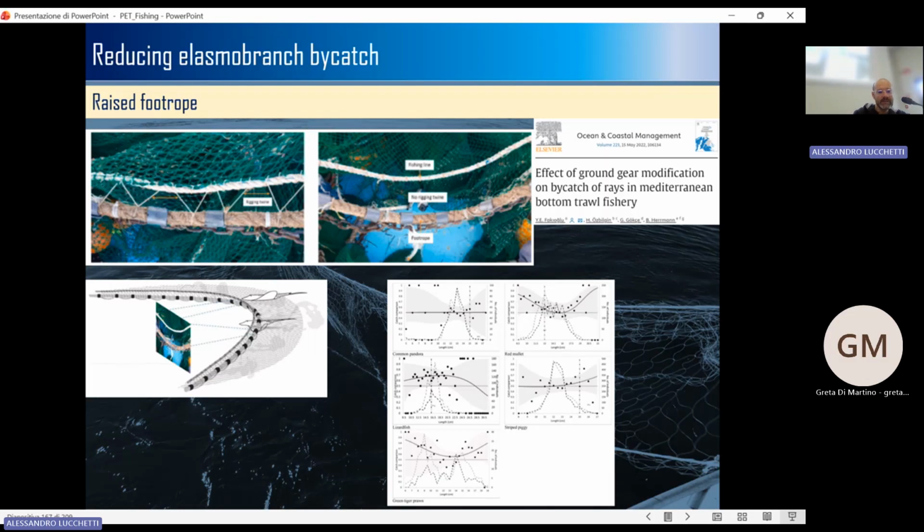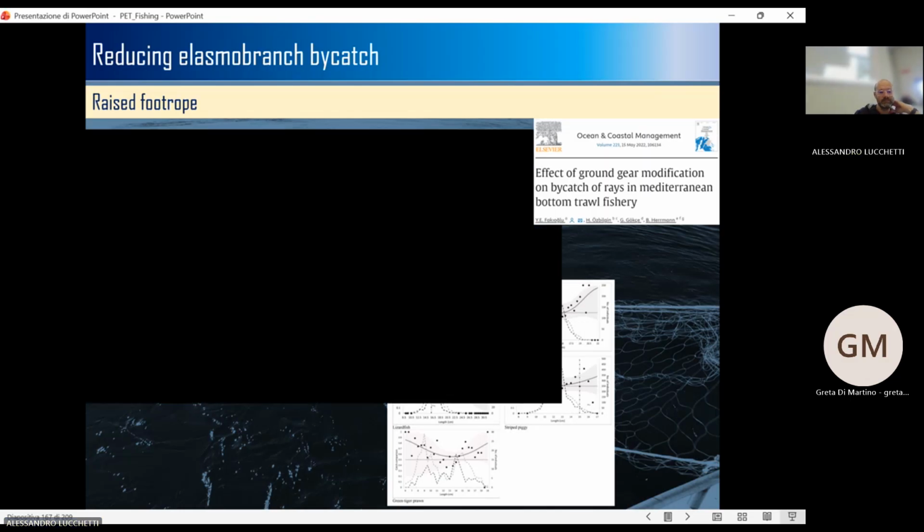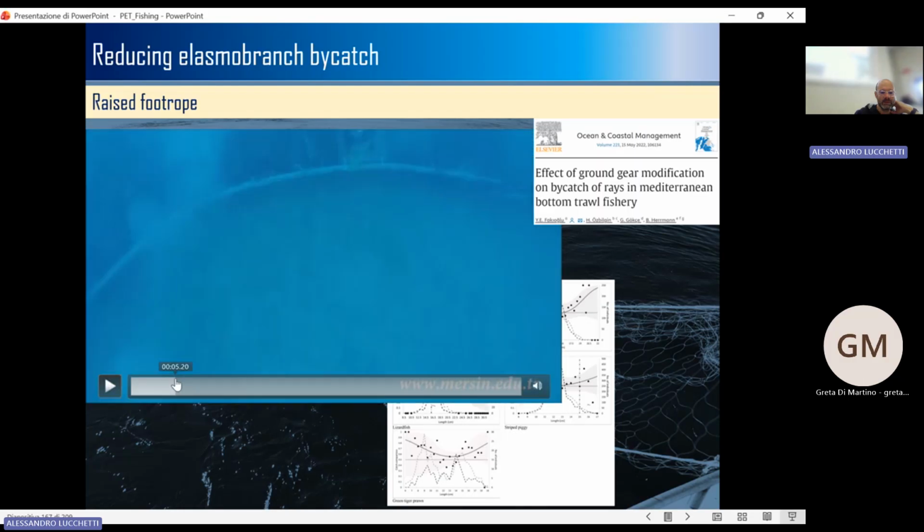In other cases, you can modify the foot rope. You can use in a bottom trawl a raised foot rope, raising the foot rope from the bottom to avoid the catch of rays. I don't remember this video.